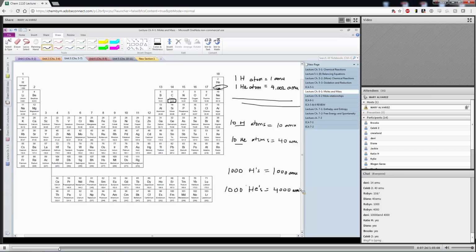Excellent. Okay, good. So somebody really clever sat down and said, you know what would be really cool? Let's just discover whatever number it is. And we don't need to know it right up. We can just calculate it maybe later. But let's say I have X H atoms and the same number of helium atoms.